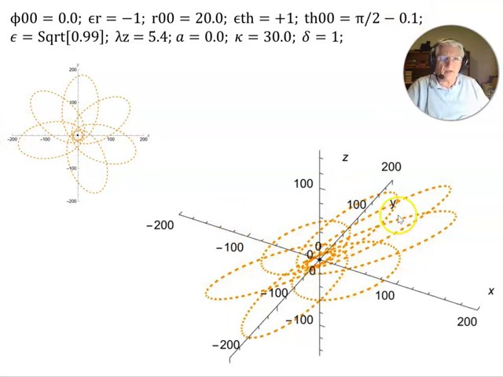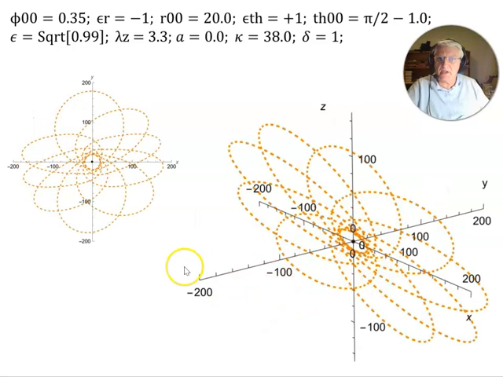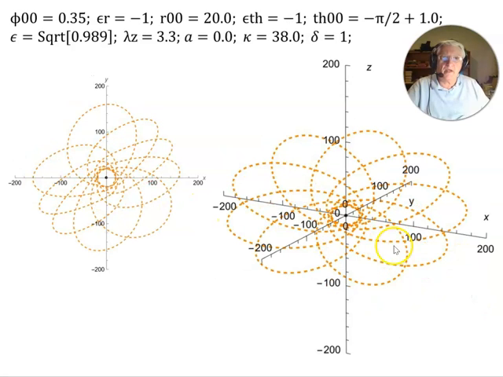This one is tilted with respect to the xy plane. And here we go again. Another bound orbit, and I think I've got one more to show. Yes, another bound orbit. And one more.